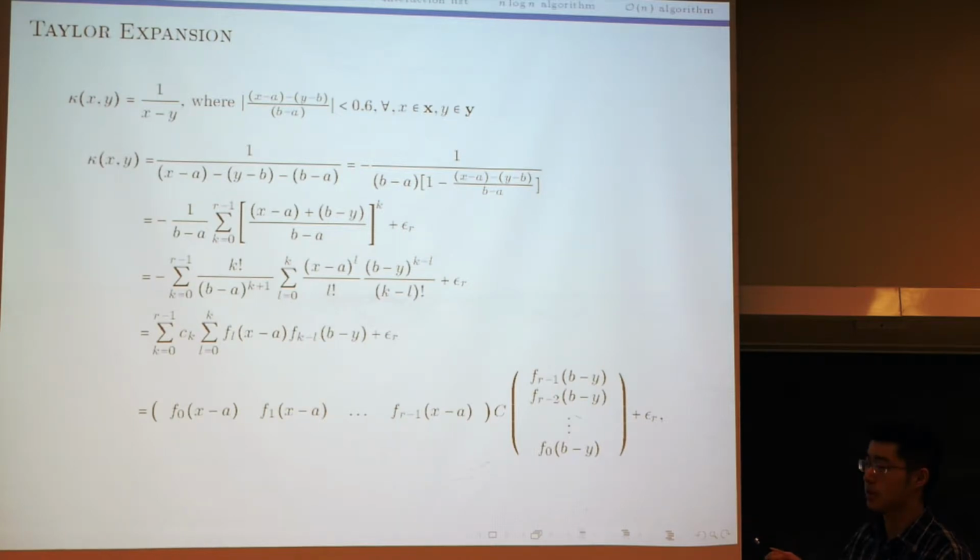And using Taylor expansion for 1 over 1 minus t, we can produce this series expansion with an error epsilon r.